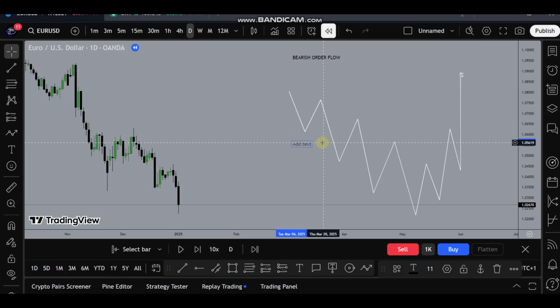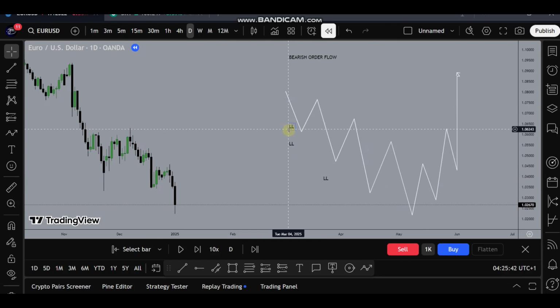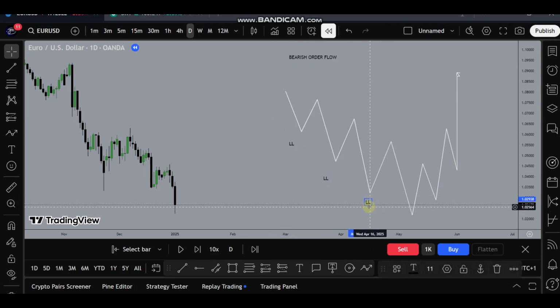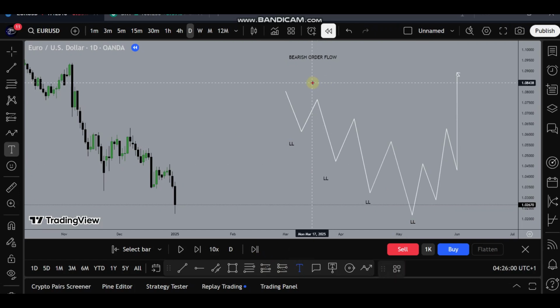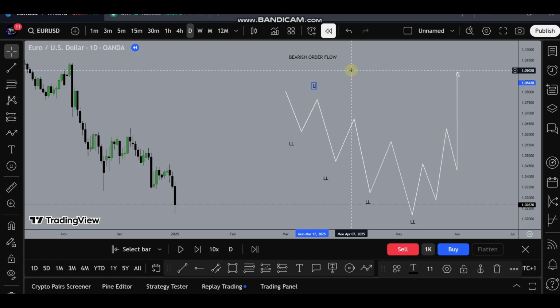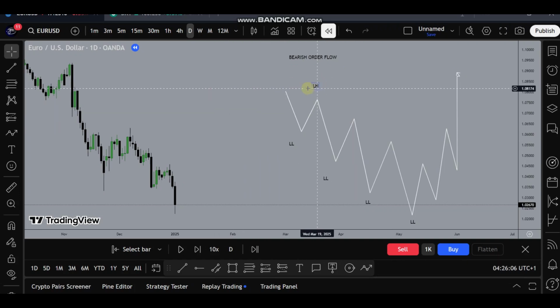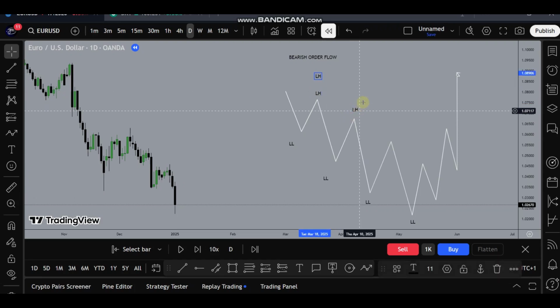Lower low, lower low, lower low, lower low, lower high, lower high, lower high.